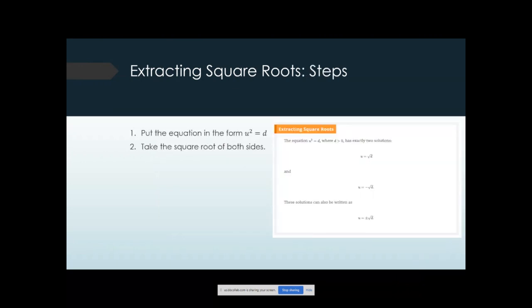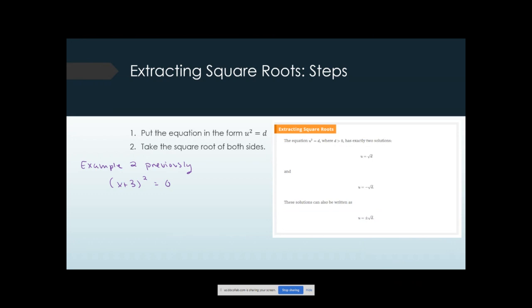So the steps for extracting square roots, there's basically just two steps. First you have to put the equation in the form u squared equals d. In my example 2 previously, when I demonstrated taking square roots, we had x plus 3 squared equals 0.